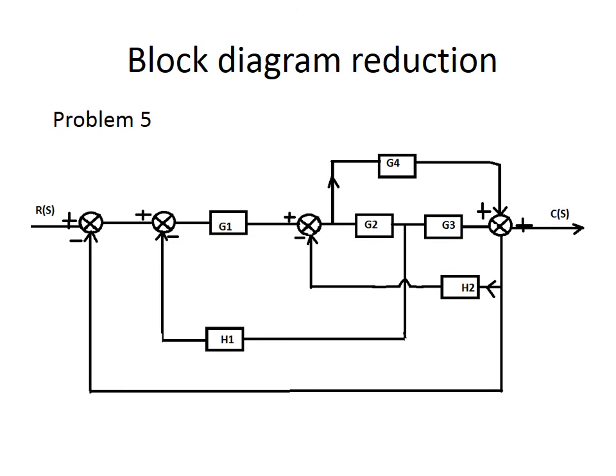Let us move on to the next problem. Here we see the problem with 4 summers, 2 forward paths G1, G2, G3 and G1, G4 if you can identify, then 3 feedback paths H1, H2 and a unity feedback.